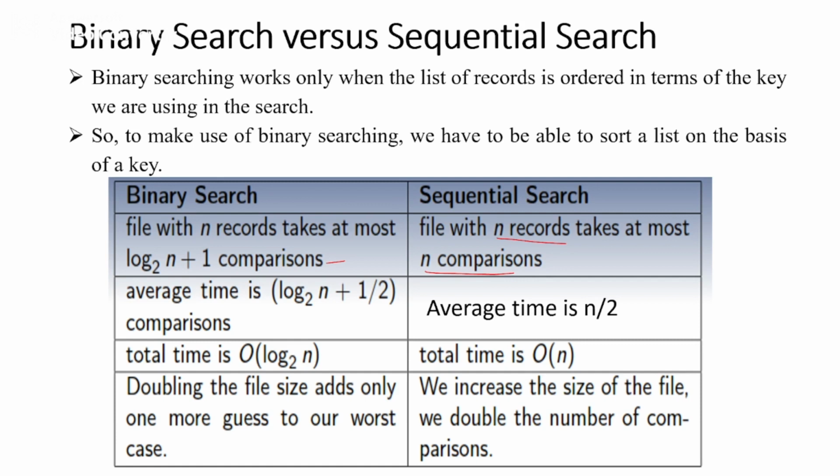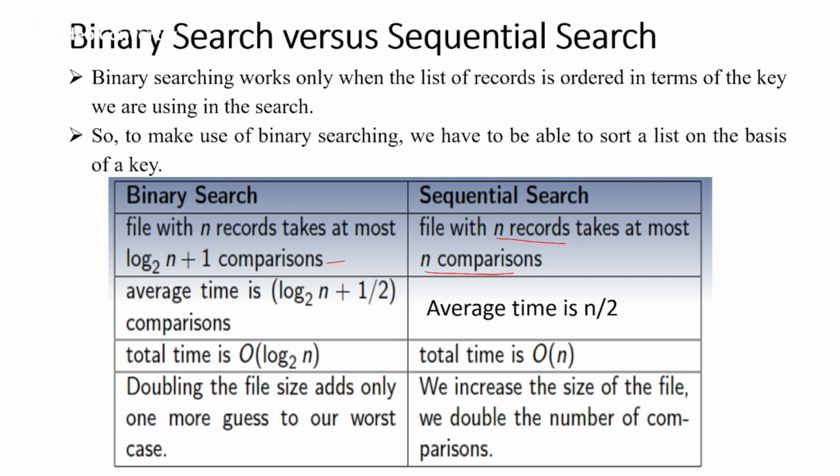In sequential search, it should go sequentially from the 0th record till the nth record. But in binary search, it will be log n to the base 2 plus 1 comparisons.